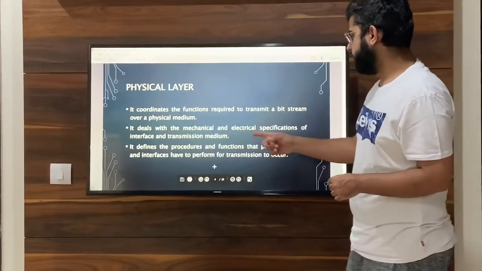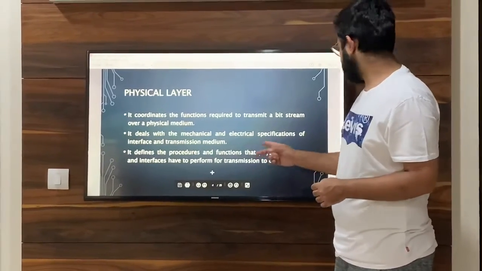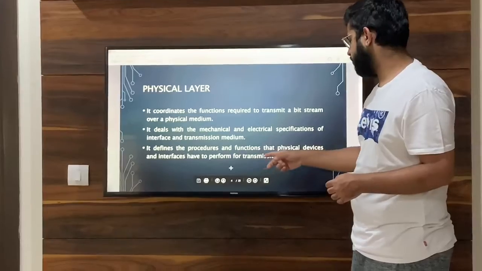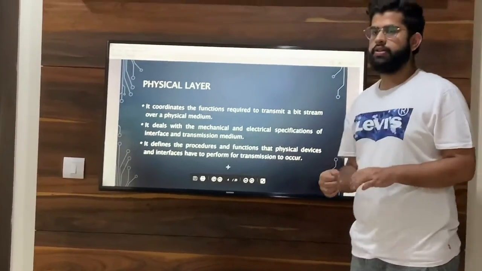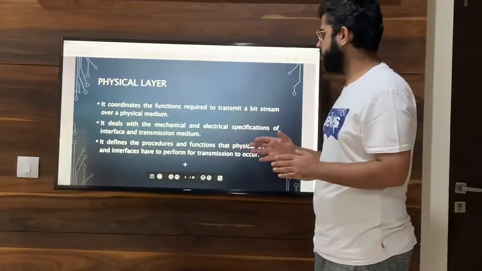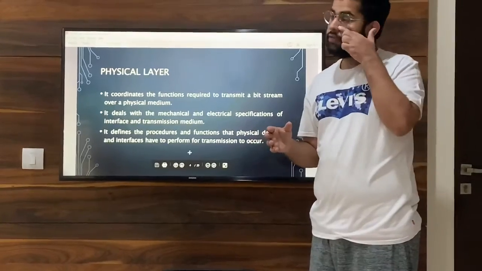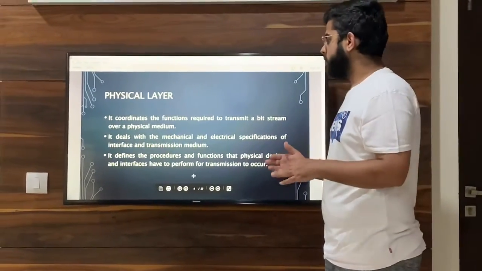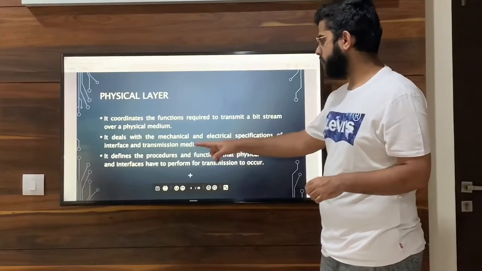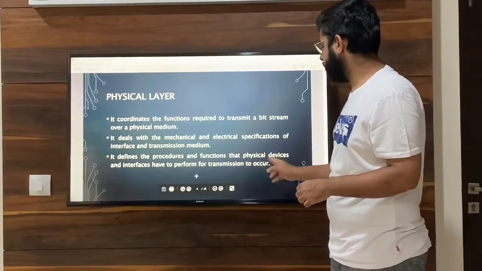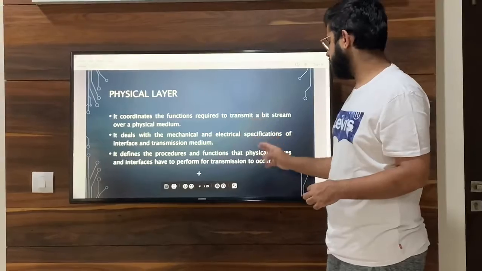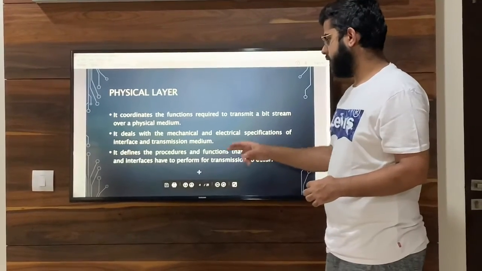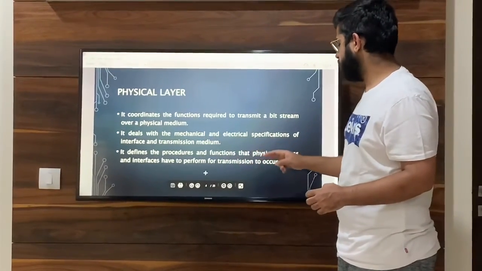Then it defines the procedure and the function that physical devices and interfaces have to perform for transmission to occur. Various devices are used in the physical layer to transmit data from the sender to the user.